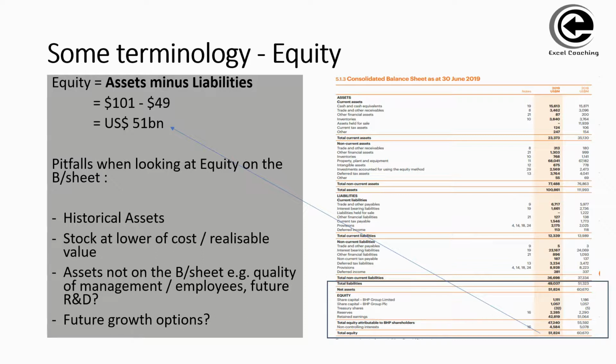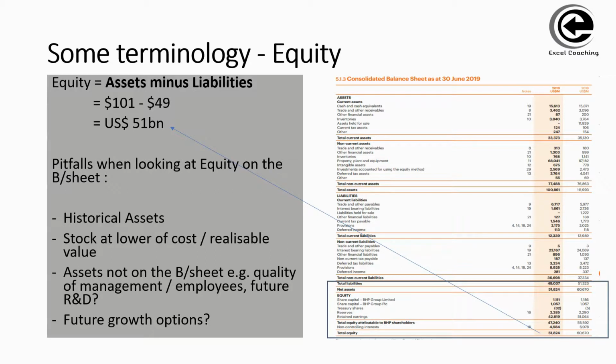That is, it may not include the full margin the company may be getting from selling the stock. There may also be valuable resources like the quality of the management team, the strength of the staff, good suppliers relationship, which are not recorded on the balance sheet.